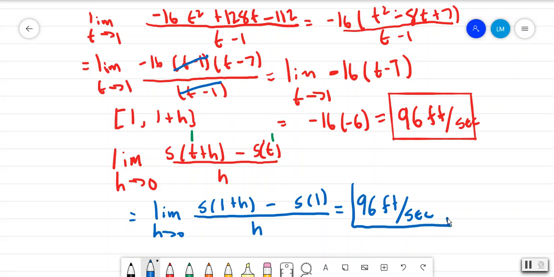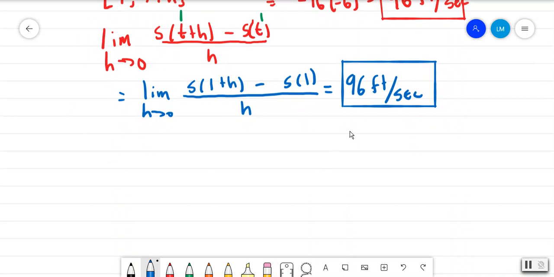Now, if you wanted to find the tangent line, you have that this is the slope that passes through 1. So in this case, you would just say y minus 256 equals 96 multiplied by, not t, I'm sorry, we can use x, so we'll just use x. You can go back to the equation of the line in desmos.com if you want, or just change this to a t in either case.